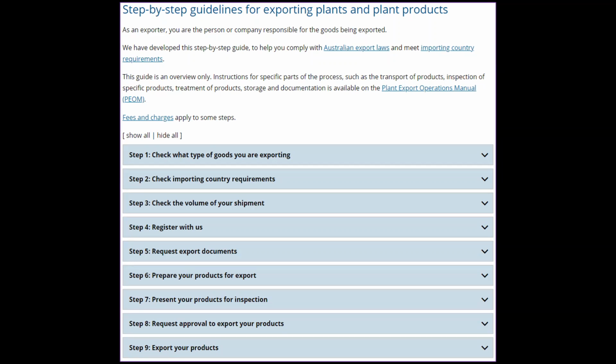So the Australian government has this listed right here as the 9 steps needed to export plants from their country. They made it seem fairly simple, but it literally could not be any further from the truth. First of all, Vallisneria was not on their list of either prohibited or non-prohibited plants.